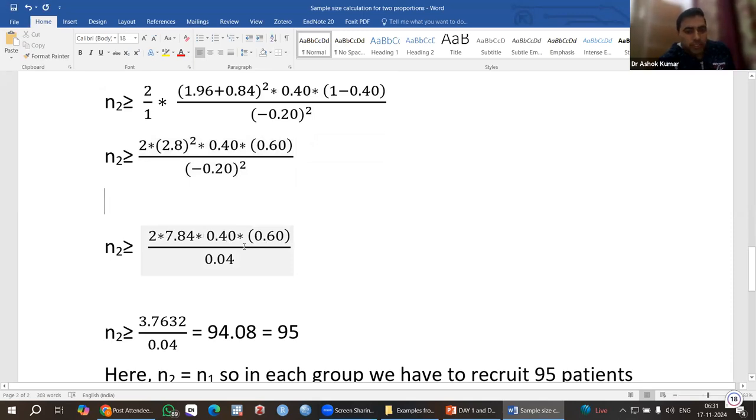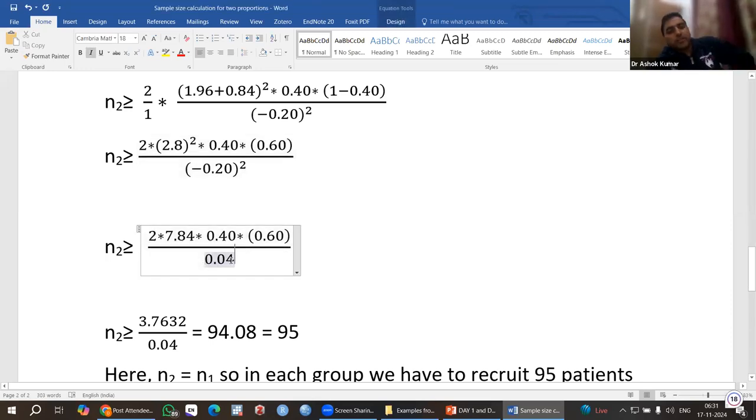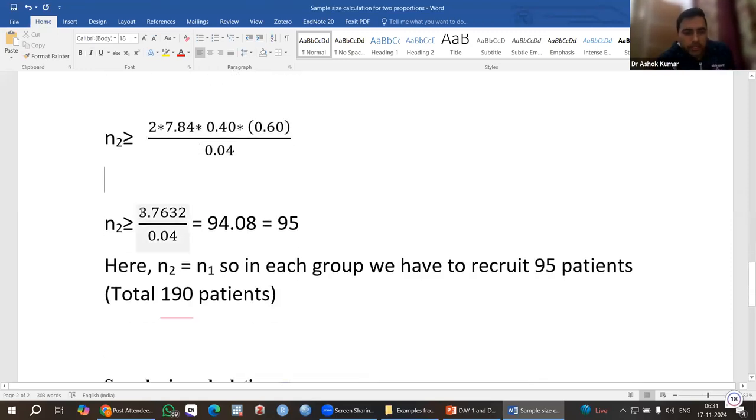Then 0.40, then 0.60, and we also have to square this minus 0.20, so it comes to 0.04. It is positive, since minus multiplied by minus is positive. Then we calculate: the numerator comes to 3.7630, and divided by 0.40, it comes to 95.